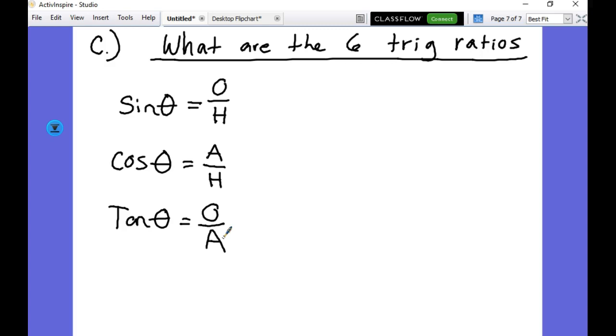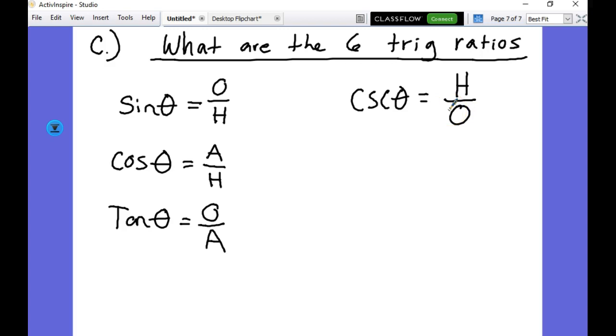Now, those are 3 of the possible fractions that you could make out of the sides of a right triangle. But we said there were 6. The other 3 are the reciprocals of these. So if you just flip them over, and those have names too. So the reciprocal of sine is known as cosecant. Cosecant of theta is h over o. Now this one you probably did not learn in geometry. They don't really get into the other 3.